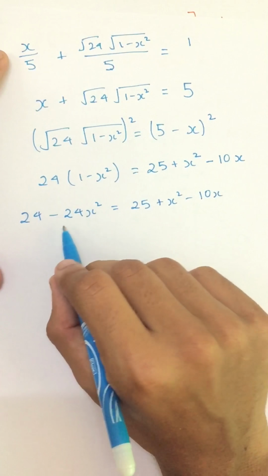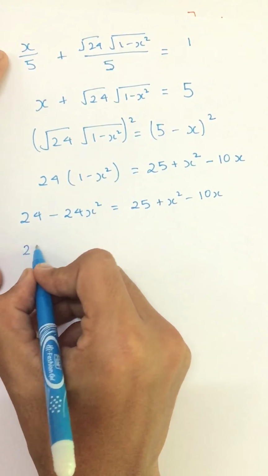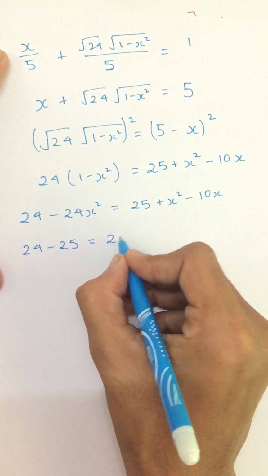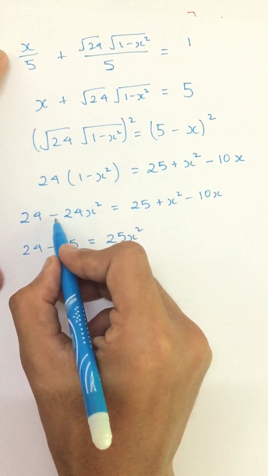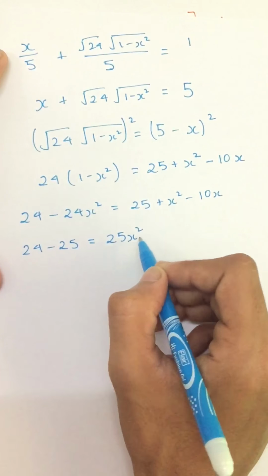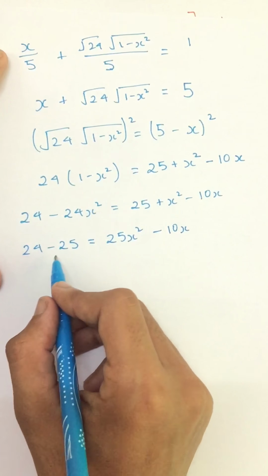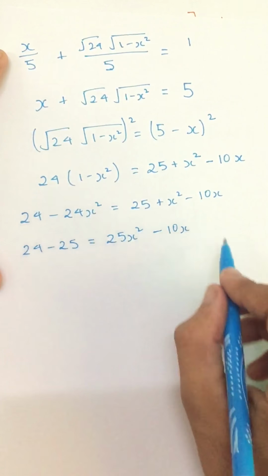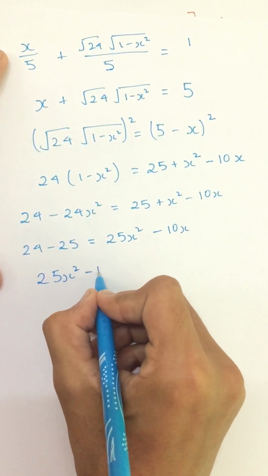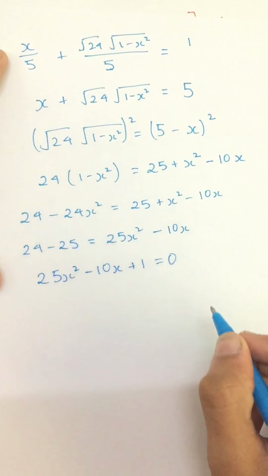So bringing this 24x square to this side, and this 25 over here, I will get 24 minus 25 equals to 25x square. Since this will come over here and become positive, it will add up and become 25x square minus 10x. This will become minus 1. I can simply bring that minus 1 to this side. So I get 25x square minus 10x plus 1 equals to 0.